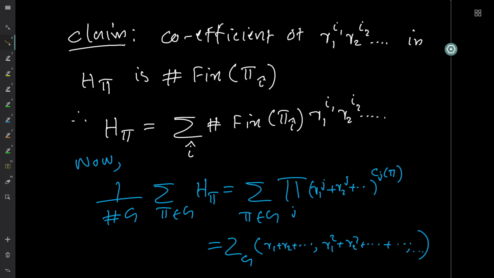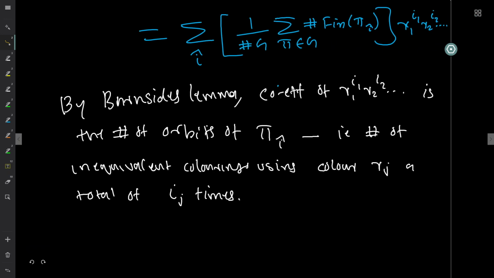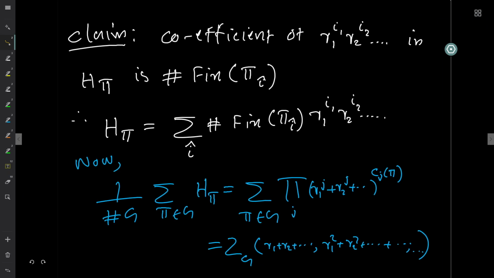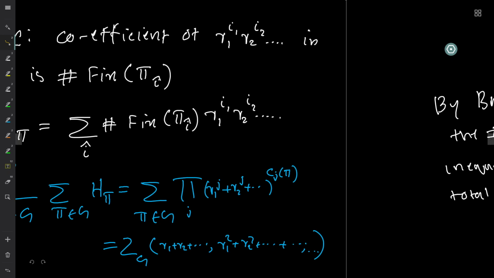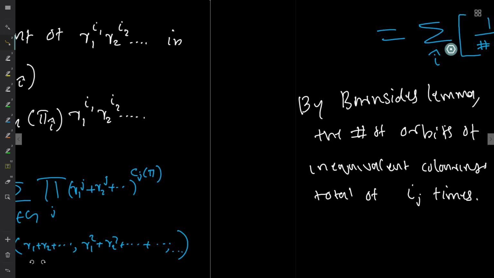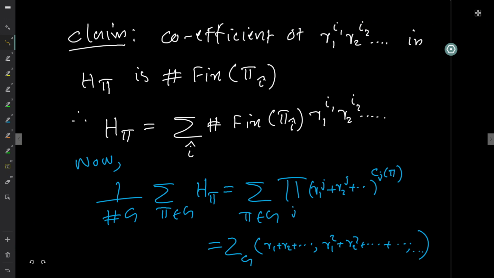So we substitute for each variable: the first time with r1 plus r2 plus etc., the second time with r1 square plus r2 square plus etc., and going on like this. But now this is a summation over all I cap.